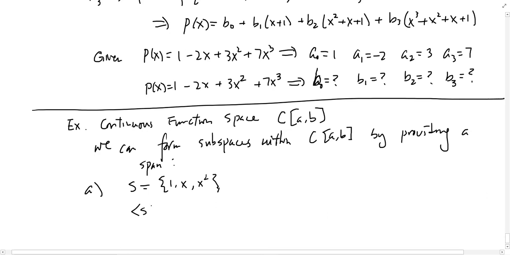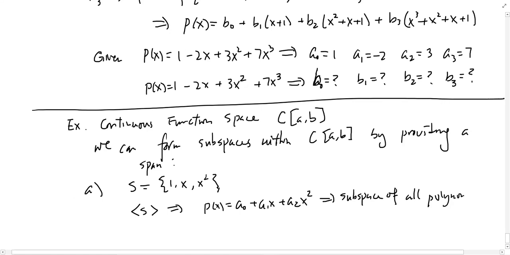Then the span of S would basically be any function in the form of a sub 0 plus a sub 1 x plus a sub 2 x squared, which forms the subspace of all polynomial functions of degree 2 or less. We call them the polynomial function space P sub 2.